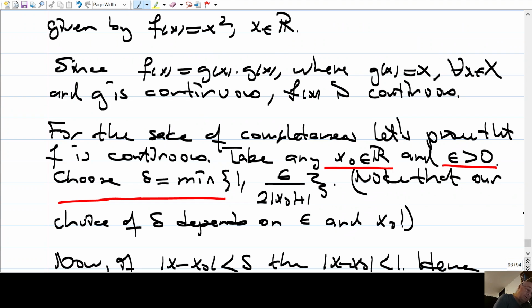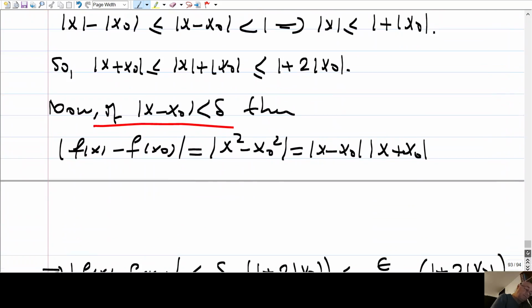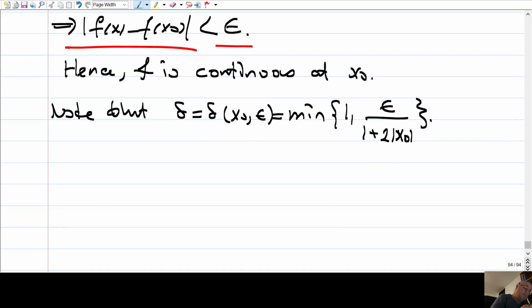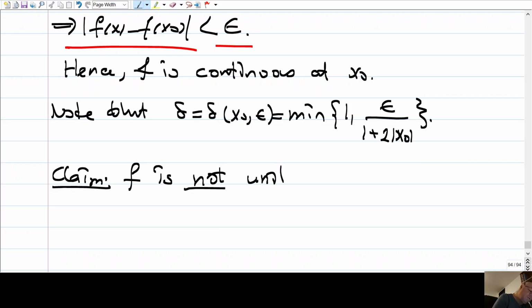So this function from real numbers to real numbers, taking x to x squared, is continuous, but I claim that it is not uniformly continuous. So claim: f is not uniformly continuous on R.